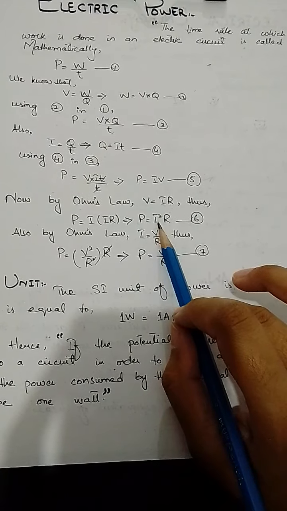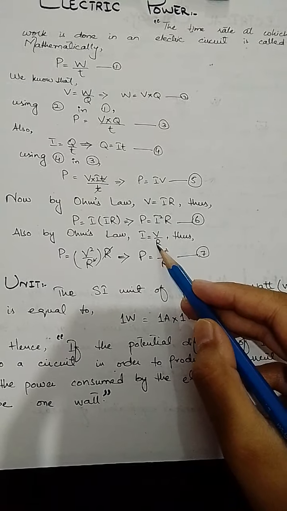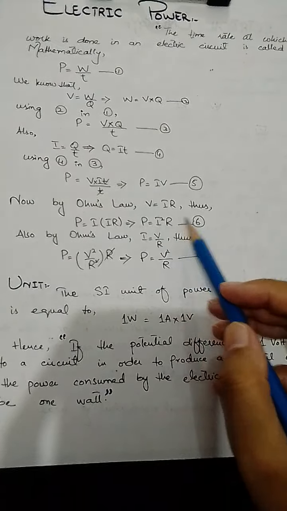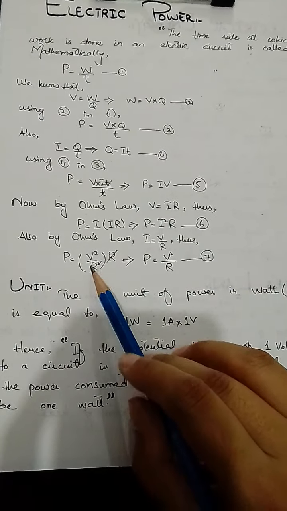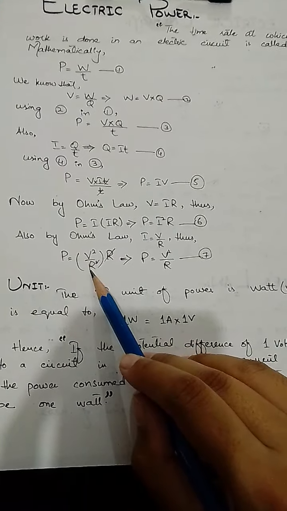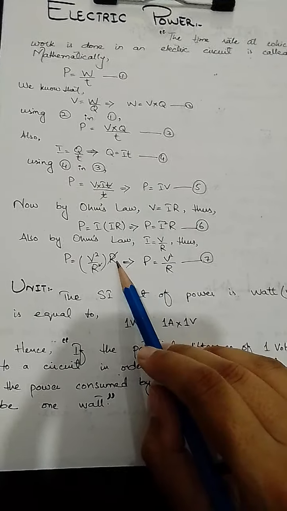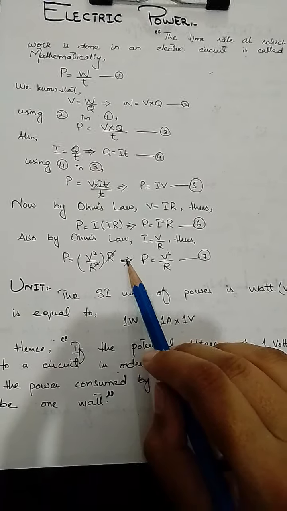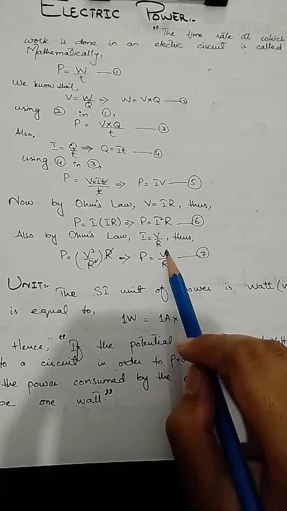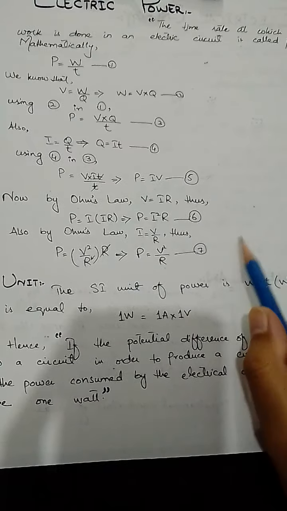Okay, because हमारे पास I नहीं I square है, so we have to take the square of V divided by R. So putting I equals V by R in equation number 6, we get V square divided by R square into R. R जो हमारे पास already था. Now R and R square would cancel each other, giving us P equals V square divided by R. This is the fourth equation of our power.